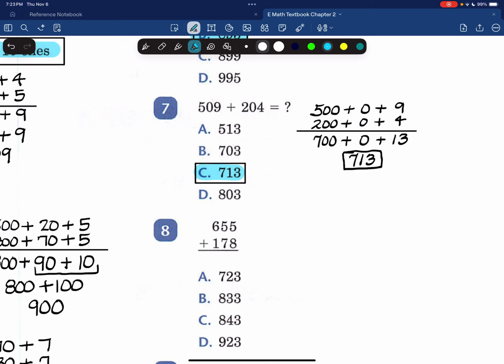And you could also think of that. Let me go ahead and I should have done this before we did the answer, but we won't go backwards. Because remember that 13 is the same as 1 ten and 3 ones. So that 1 ten is going to move up here. And there is your 713.